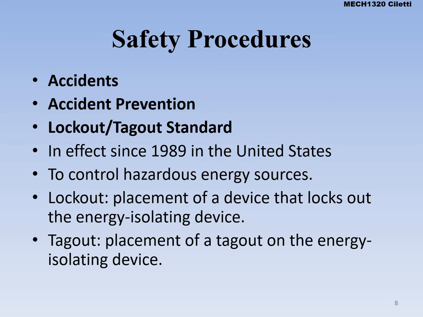But in 1989, things really took control as far as OSHA and those sort of things, making sure that your work environment is safe. So lockout tagout became kind of the standard, and we do that with our electro and our pneumatic and hydraulic type systems so that nothing can happen when you're working on it.